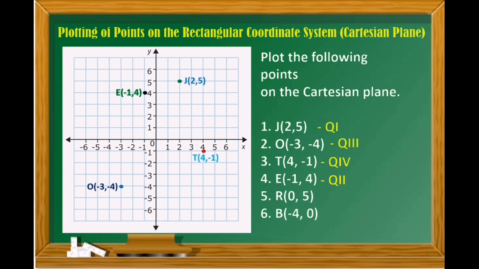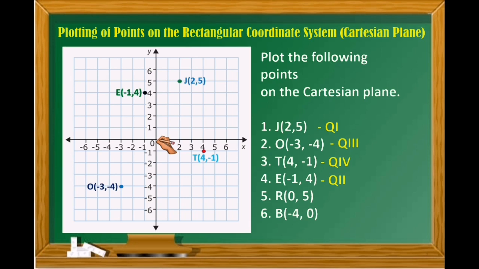Number 5 is point R. R has the coordinates (0, +5). But wait, your x there is 0, and we know that 0 is neither positive nor negative. Therefore, we cannot find R in any of the 4 quadrants. But still, we can plot point R. Starting at the origin, we don't need to move to the left or to the right because x is 0.